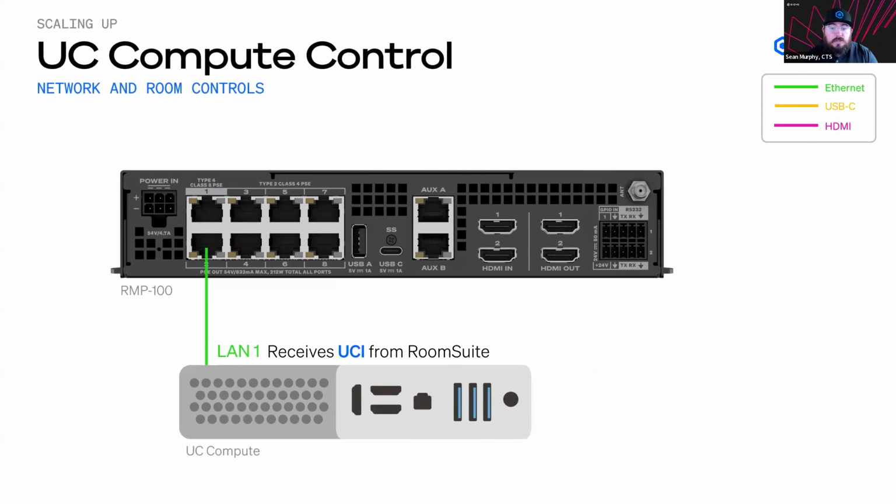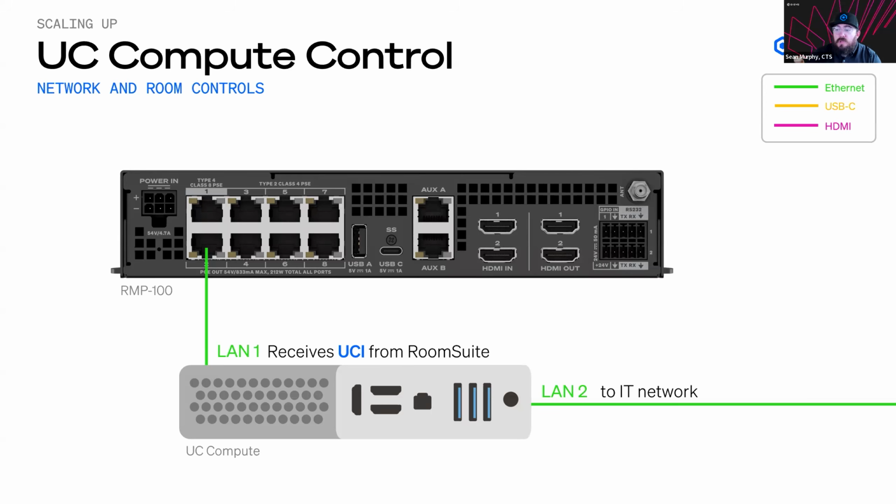For serving our UCI from RoomSuite, we do require the compute connect to our main LAN of the processor, and this is specifically because of the new software that we're using called Q-SYS Connect. And again, I'm getting ahead of myself, but I do want to say that now.